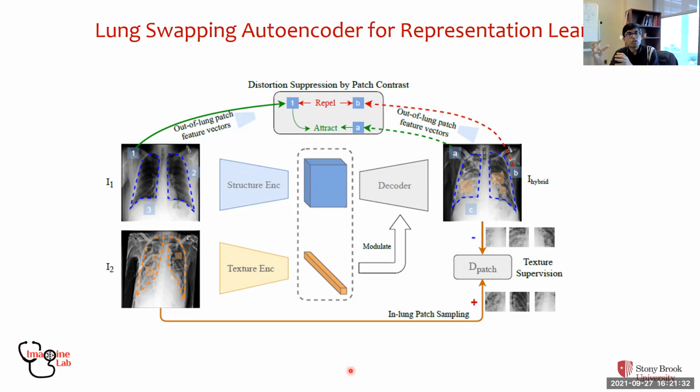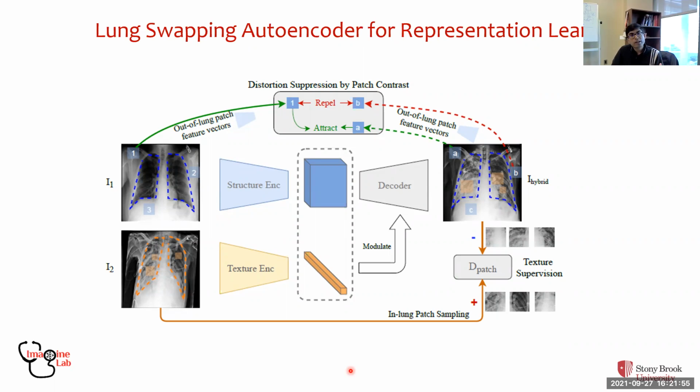When it decodes the representation, we can actually use the structure from one lung and the texture from another lung, or texture from the first lung and structure from the other lung, and do a mashup of the structures and textures to generate new images and to learn texture patterns and structure patterns from different chest X-ray scans.